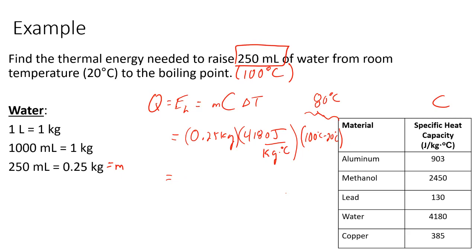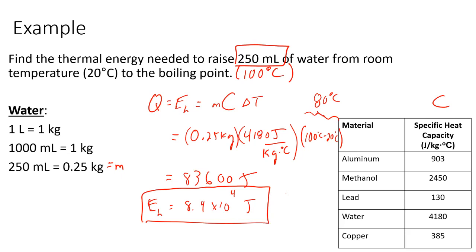So if we multiply 0.25 times 4,180 times 80, we end up with 83,600 joules, or 8.4 × 10^4 joules. Okay, I just want to go back to this formula here. So we have 0.25 kilograms of mass.